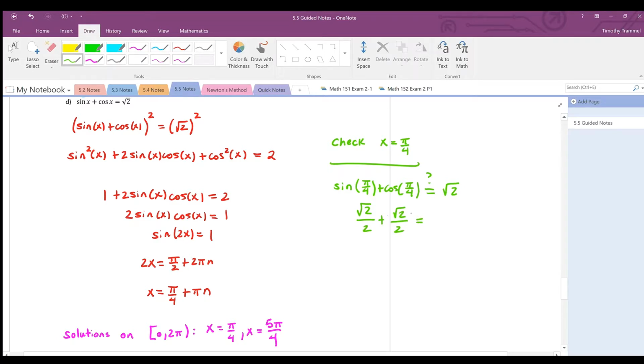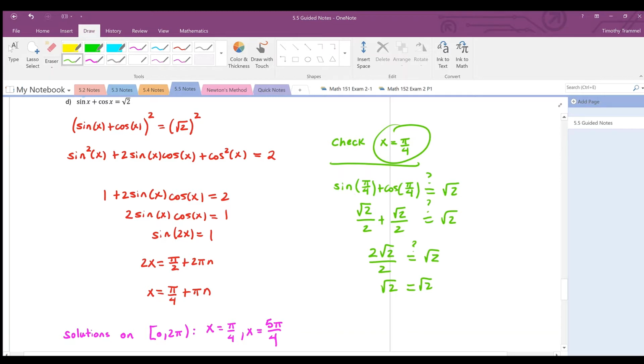If you add those together, you would get 2 square root of 2 over 2. And you might notice that those 2's cancel, so we end up with the square root of 2 equals the square root of 2. So x equals pi over 4 is indeed a solution.